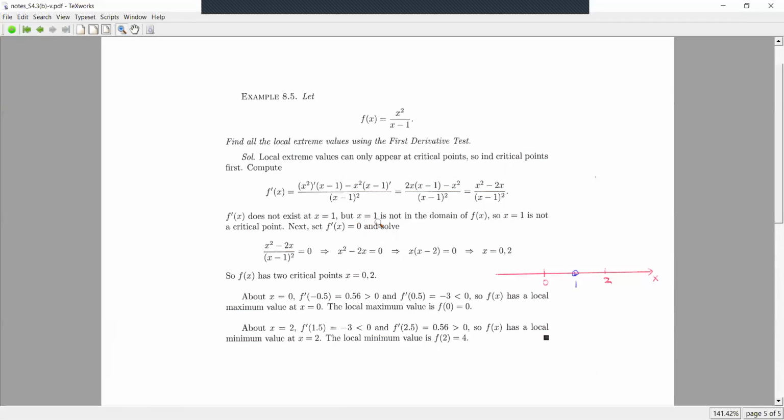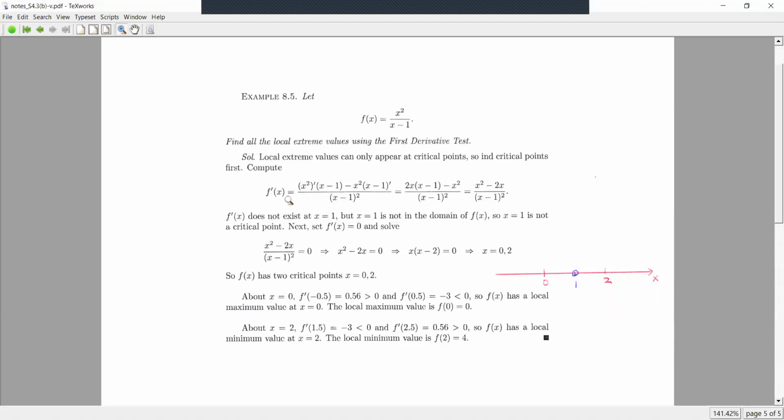However, 1 is not in the domain of the function f. The domain of this function is any number except 1. I put an open dot here to mean excluding 1. Therefore, no critical points can make the derivative not exist.